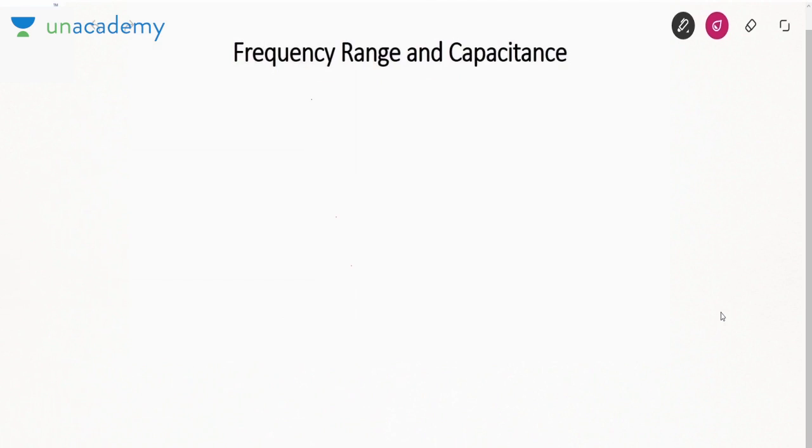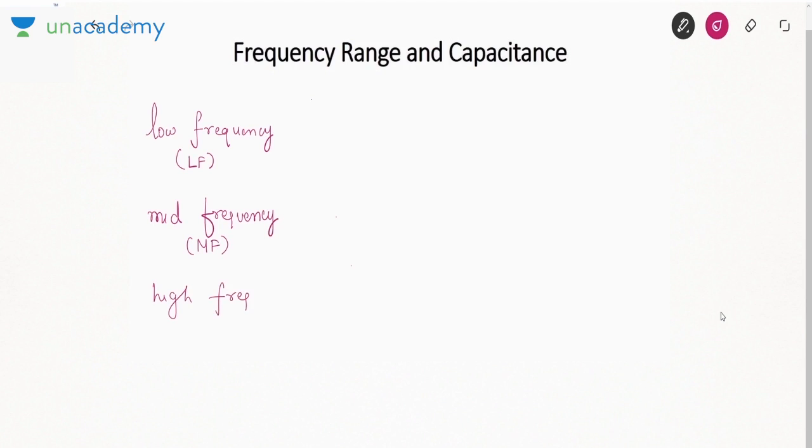Now, how to decide which capacitances are to be considered in which frequency range? So basically we have three frequency ranges. We have low frequency, or you can call it LF. Then we have mid frequency, which we can call MF. And at last we have high frequency, which we call HF.